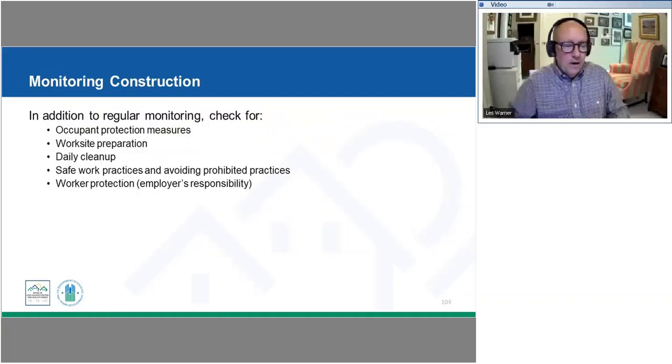So as part of our ongoing monitoring, when we have our projects begin, we want to make sure that those occupant protections are in place. I mentioned examples about having part of that work site being restricted, but it also includes thinking about the occupant's belongings.